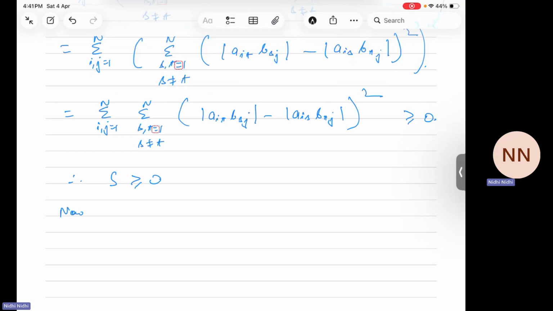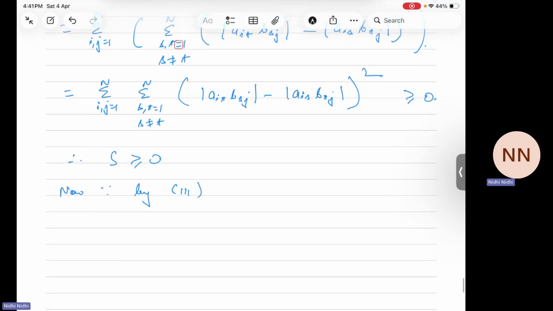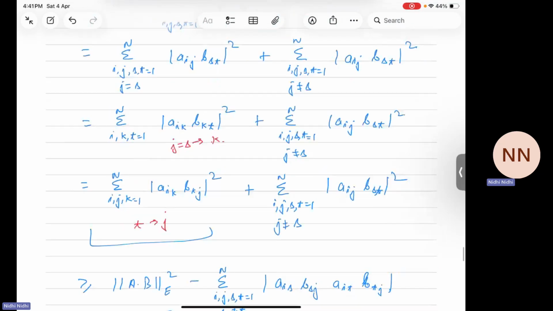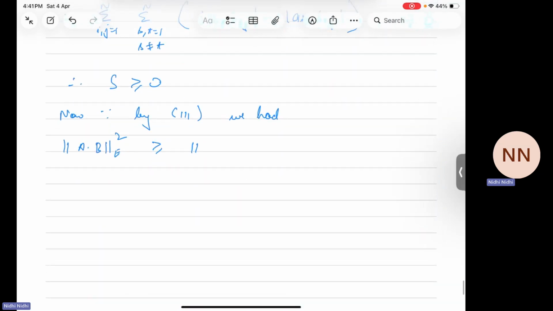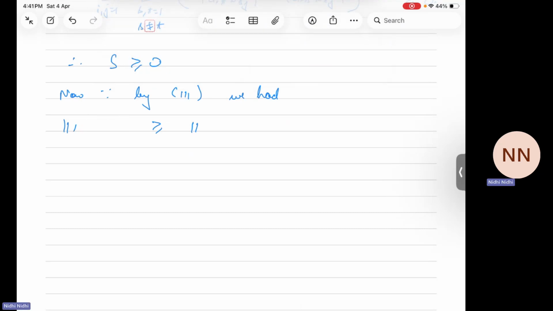Now since by equation 3 we had norm a square times norm b square is greater than or equal to norm ab square plus s, and since this s is greater than or equal to 0, this is greater than or equal to norm ab square.